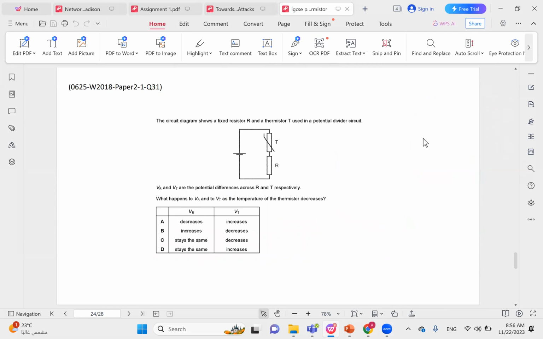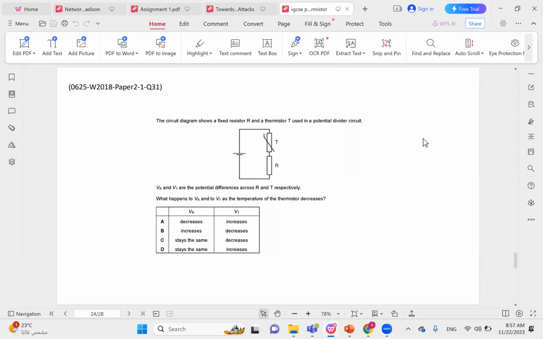The circuit diagram shows a fixed resistor R and a thermistor T used in a potential divider circuit. VR and VT are the potential differences across R and T respectively. What happens to VR and VT as the temperature of the thermistor decreases? Right, so we want the effect on the voltage when we decrease the temperature.